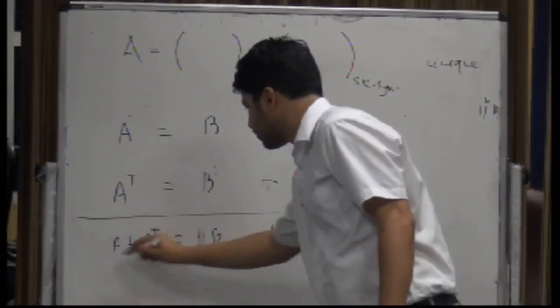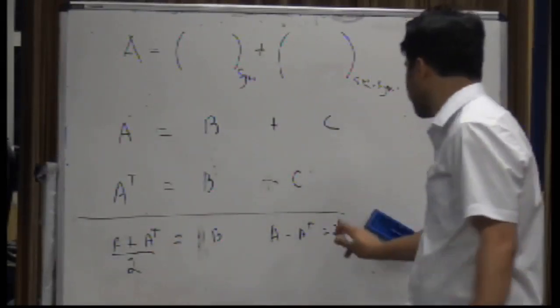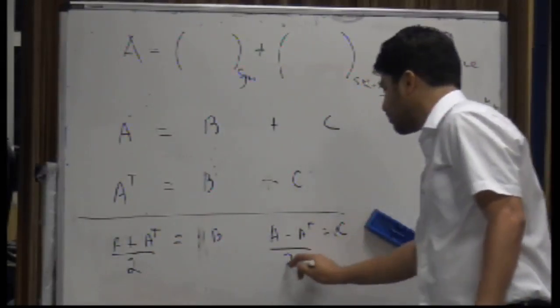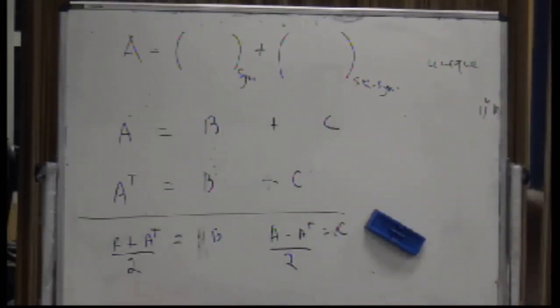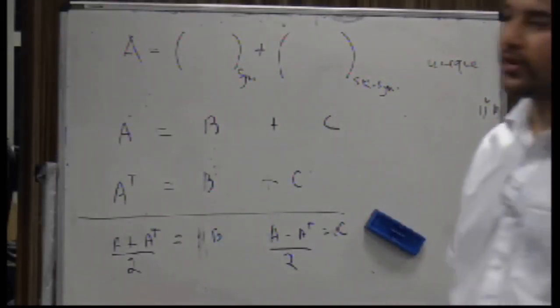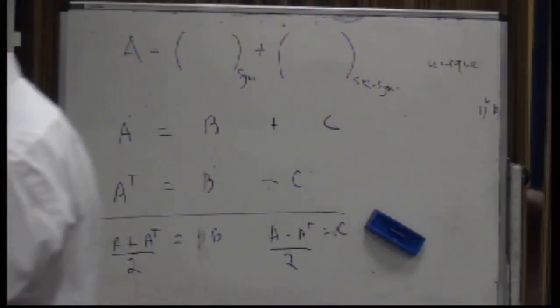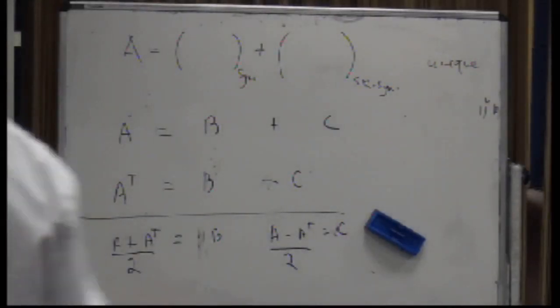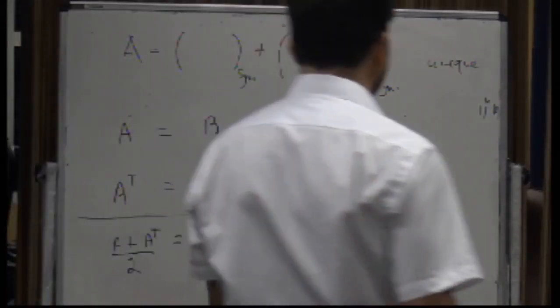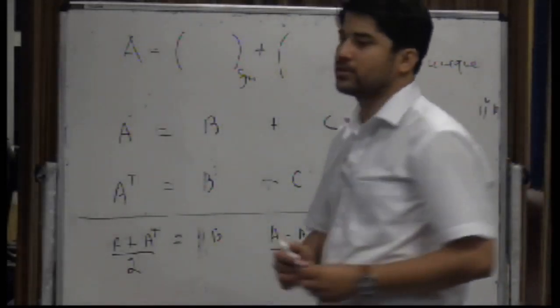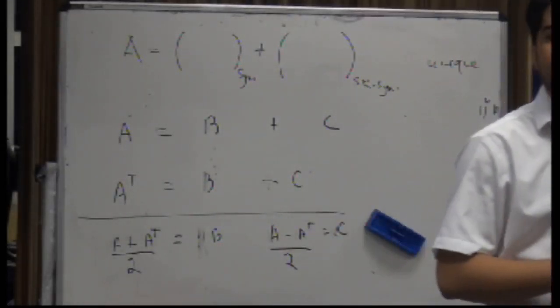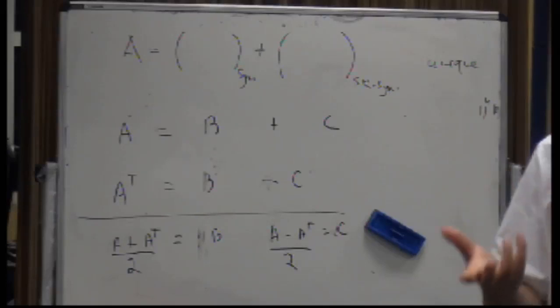Half of A plus A transpose. So this is the way you are going to write A plus A transpose by 2, which is going to be a symmetric matrix, and A minus A transpose by 2, which is going to be skew symmetric matrix. This is how you are going to write any matrix in a unique way as a sum of.